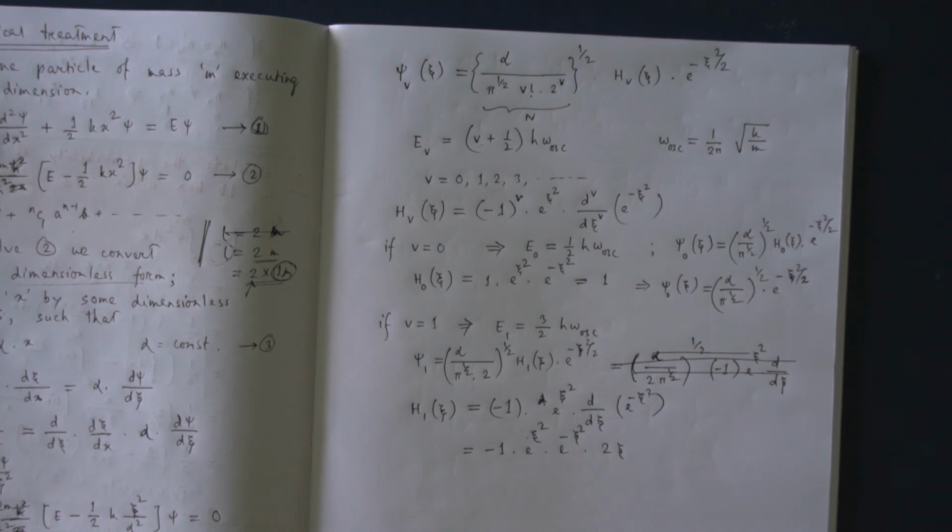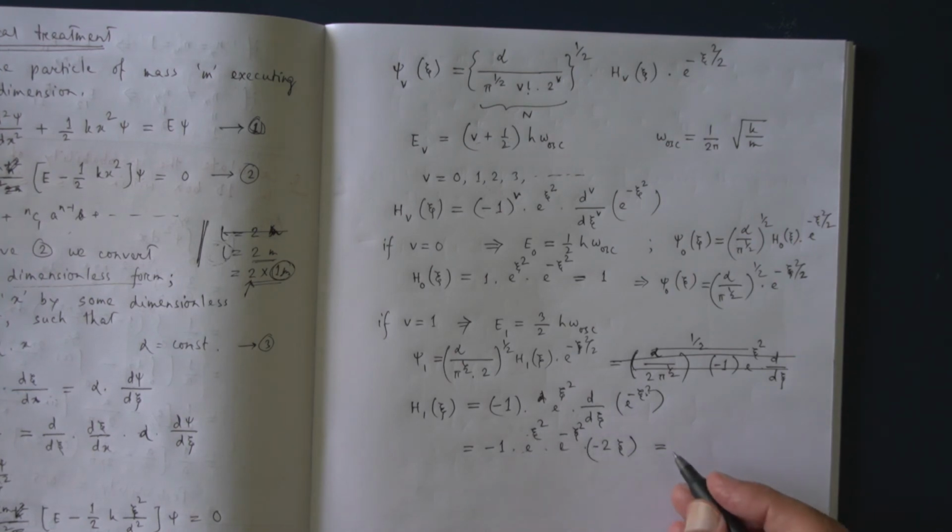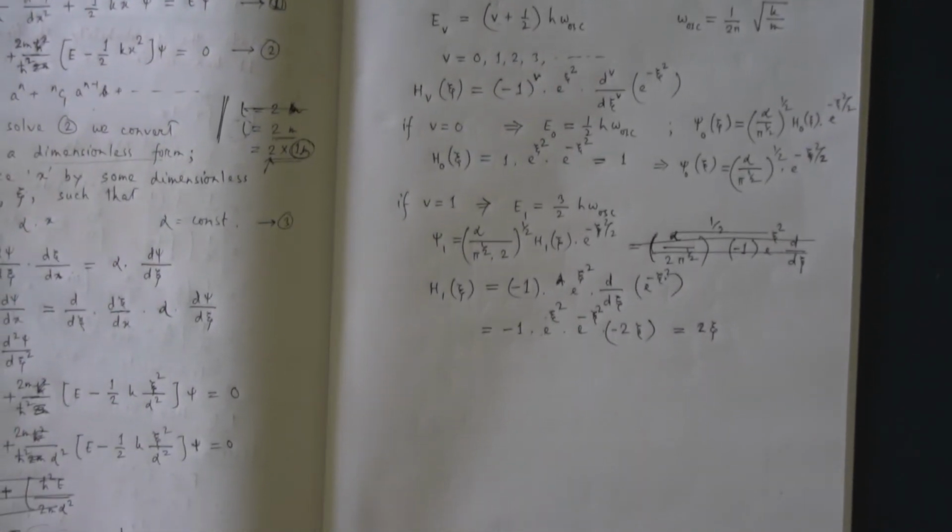Okay, this is minus 2 xi. d dx of this equals first e to the power x, then d dx of x square, no, x. So this will be 2 xi, 2 xi.